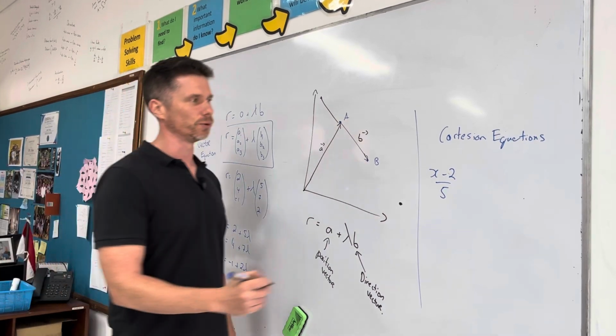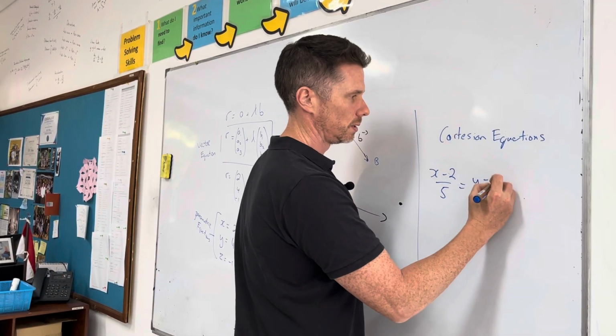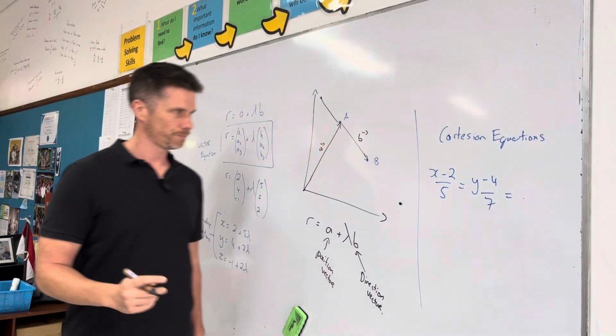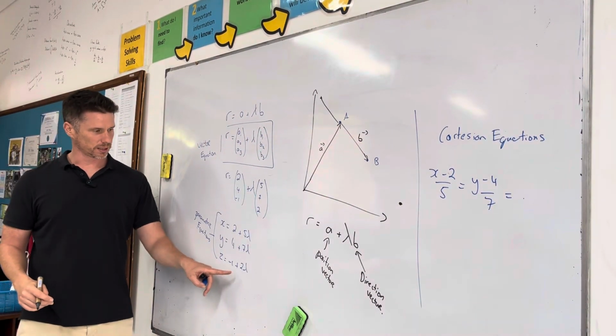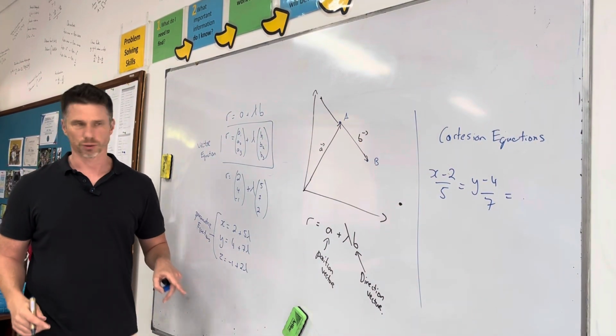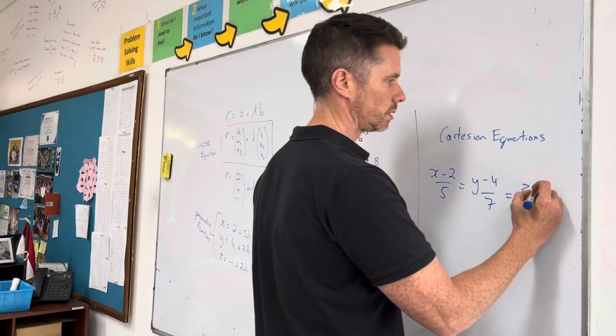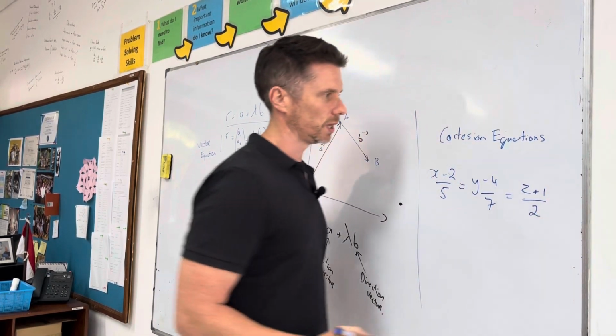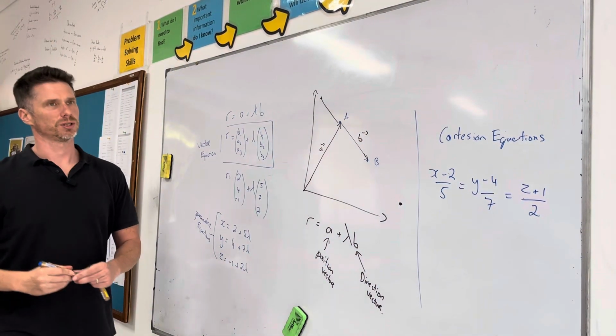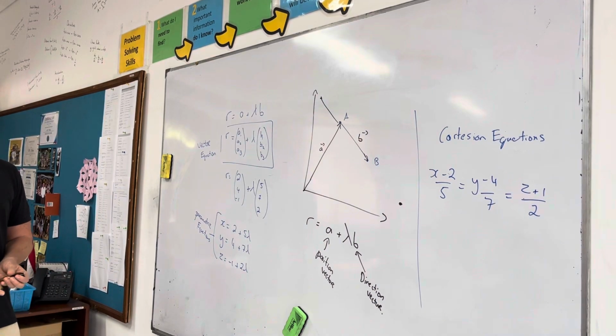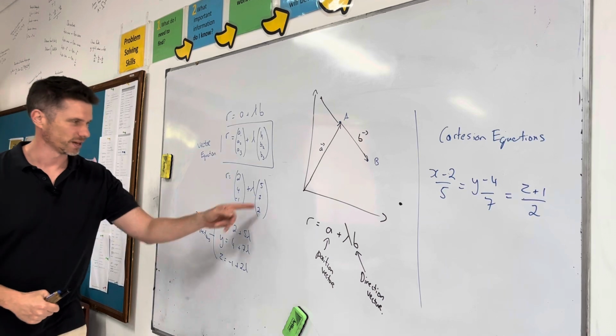So y minus 4 divided by 7, and z plus 1 divided by 2. And we've created a Cartesian equation. 5, 7, and 2? Yes, 5, 7, and 2.